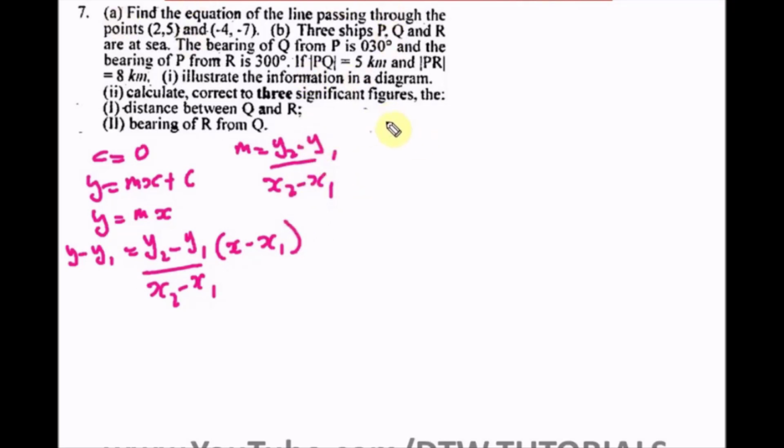Here we have 2, 5, which is the first point, and minus 4, minus 7. So this is x1, y1, and this is x2, y2. Let's put the values into this equation.